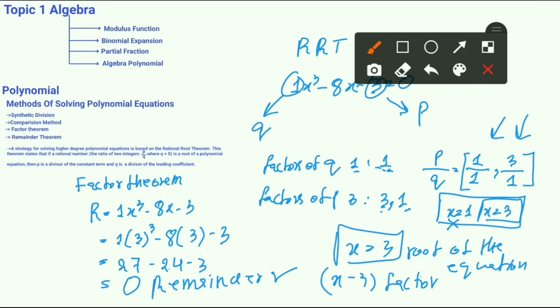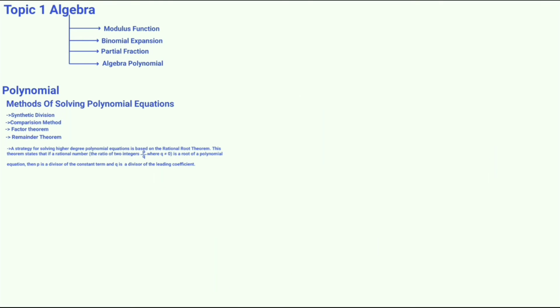Now let's say we need to find more factors of this polynomial, x cube minus 8x minus 3. We need to break it down into factors. How to do that?